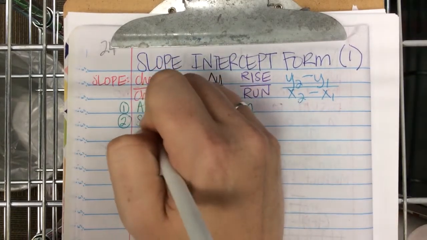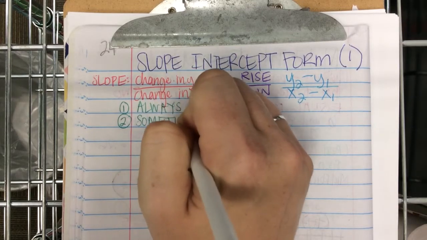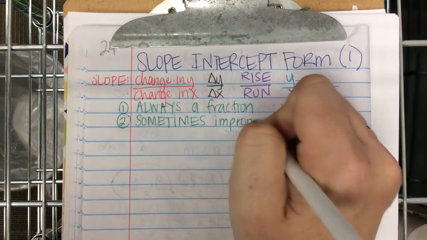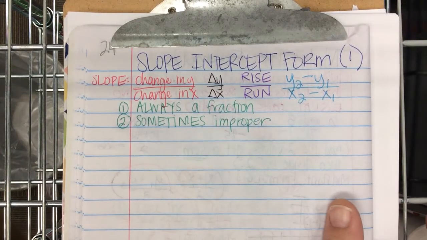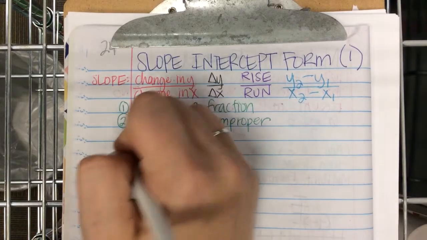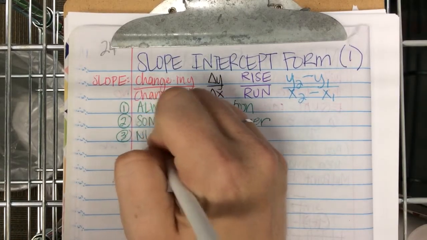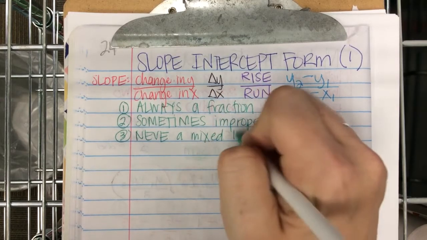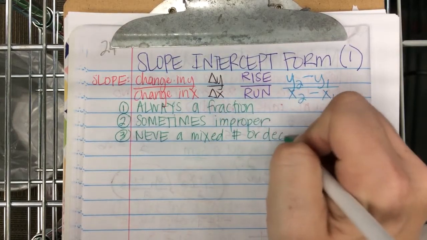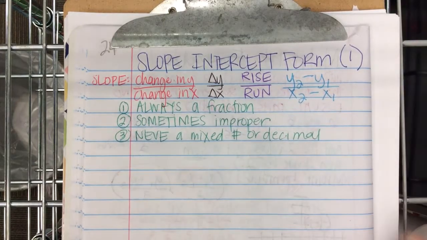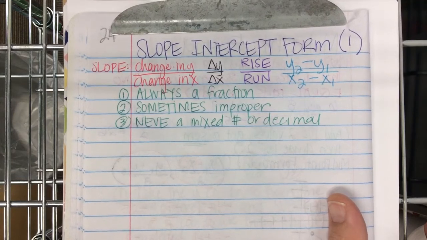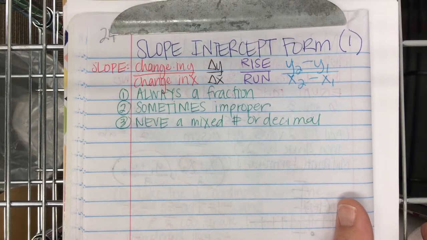Slope is sometimes improper. And slope is never a mixed number or a decimal. Slope is always a fraction.